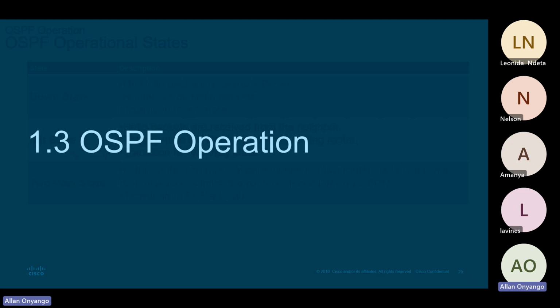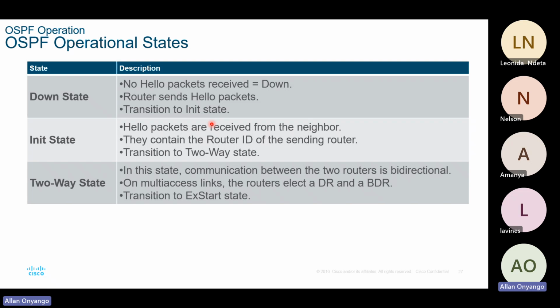Now, that is going to become very important as we look at the operational states of OSPF. From the moment you turn on OSPF in a router, or you activate it, or you enable it, until, one, the routers maintain a relation with their neighbors, which we call a neighbor adjacency.